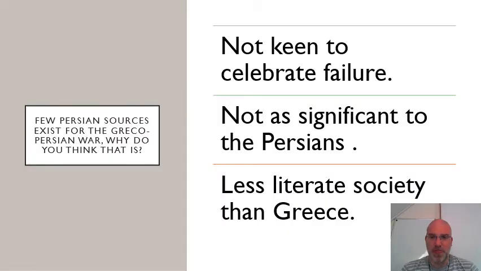Now, I think the other area to consider is, and maybe this isn't quite the right expression, but Persian society amongst the royals, if you like, is in some ways less literate than Greek society. So the degree to which histories like Herodotus would actually be consumed and there be a desire to consume them, I think is significantly less in Persia.